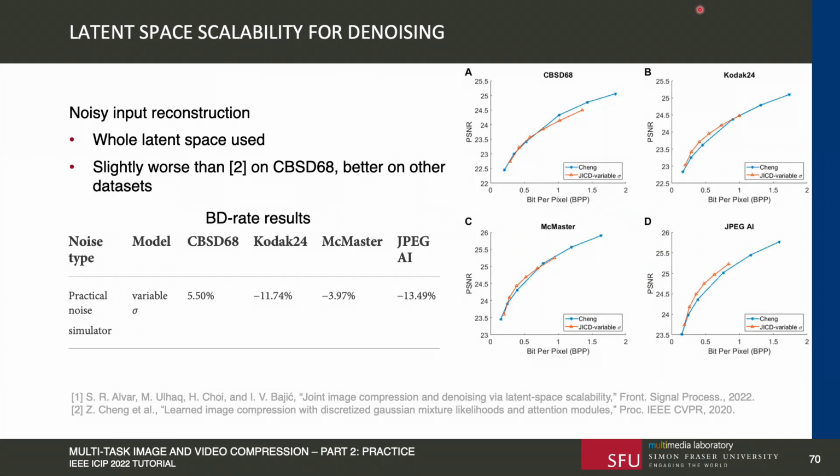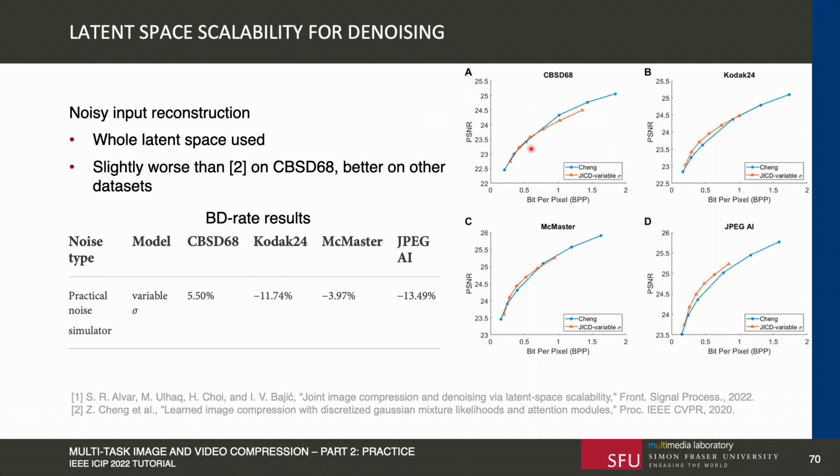So let's look at the other task now, which is the reconstruction of the noisy input image. In this case, in the joint compression and denoising approach, we use the whole latent space, not just the base layer, to recover the noisy input. And the approach is being compared against the Chang 2020 backbone on which it is based.